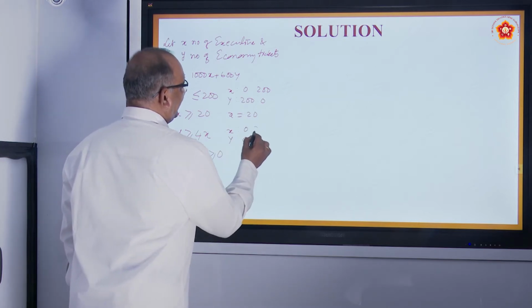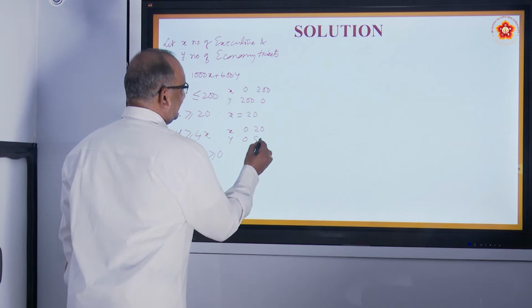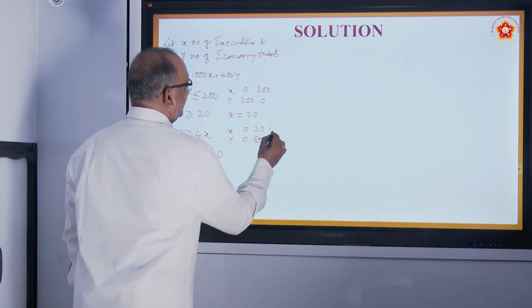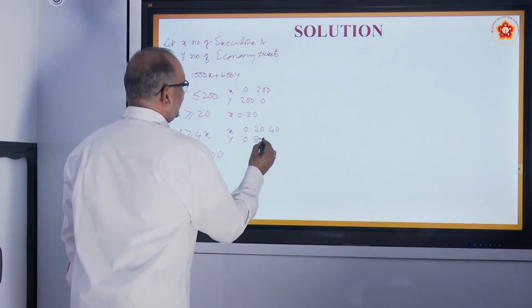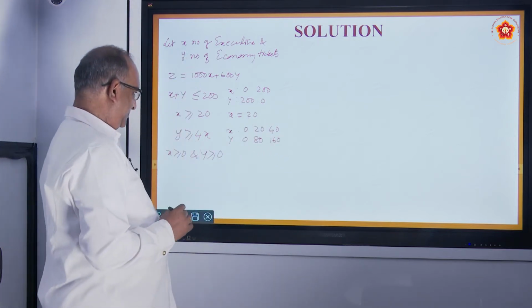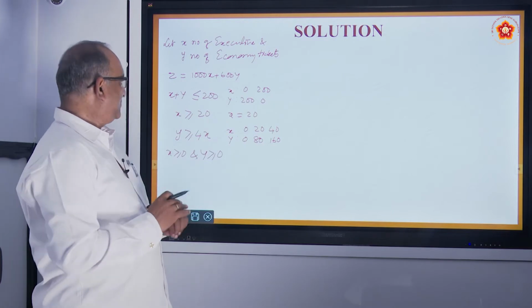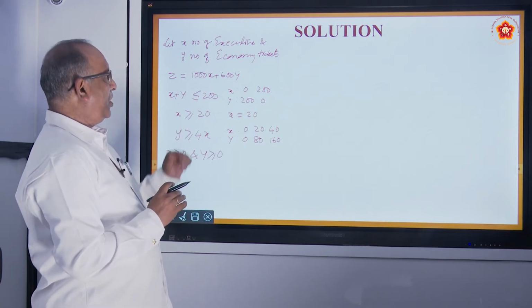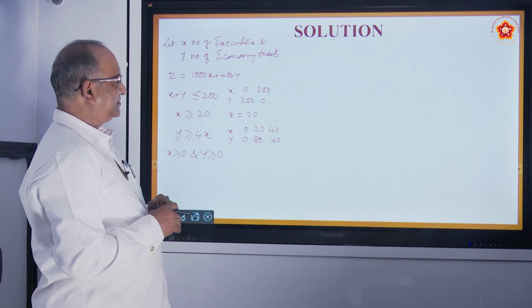If x is 20, y is 80. If x is 40, y is going to be 160, etc. These are good enough for us to draw the lines.